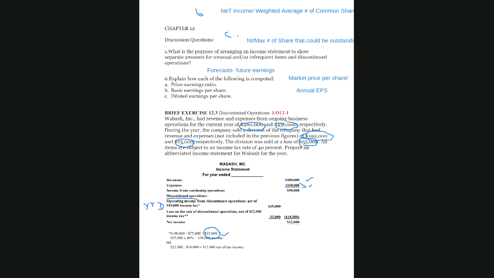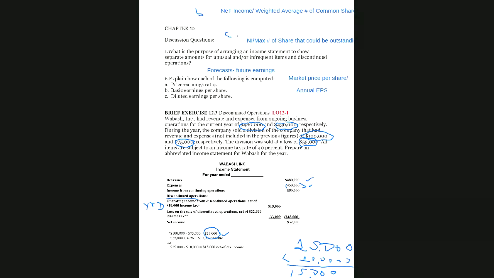So that $15,000, because I'm going to take the $25,000, and I'm going to subtract out the tax effect for year to date, which is the $10,000, the 40% tax rate. So the net effect for the year to date operations is going to equal $15,000. Okay, I really didn't have $25,000 from the discontinued operations because 10 of that had to be paid towards my taxes.